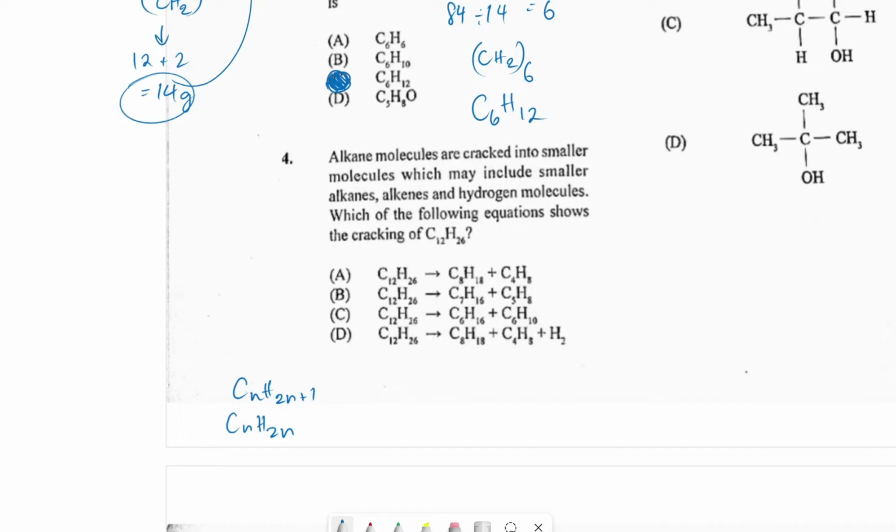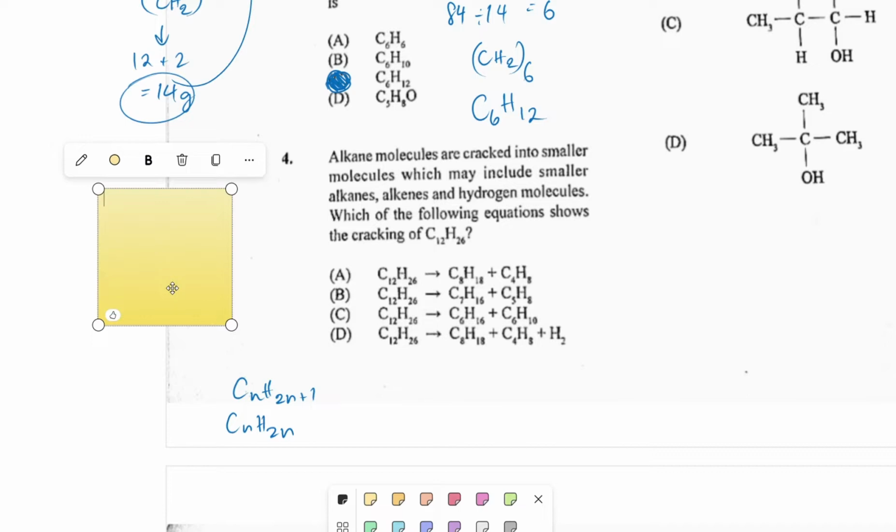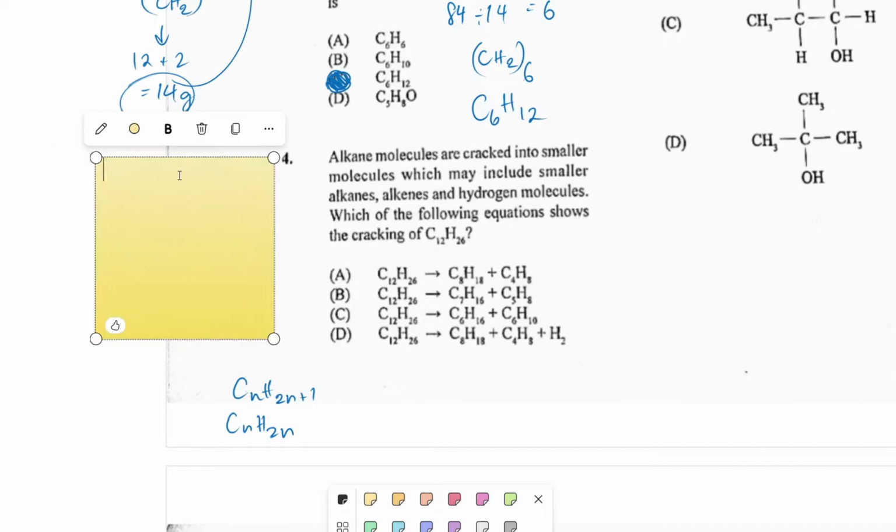If you find that they're correct, you need the same number of atoms on the left as you have on the right. That's the second thing. So just to ensure that you're clear on the two criteria. Number one, alkanes need to have the correct formula, and so do alkenes. And the second thing is that the equation has to be balanced.